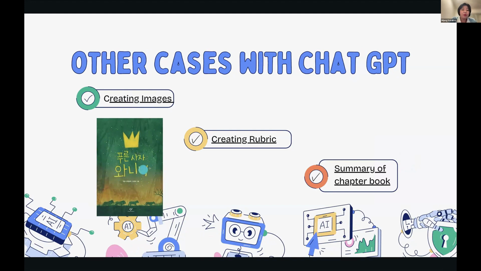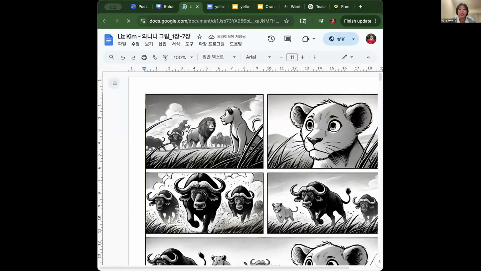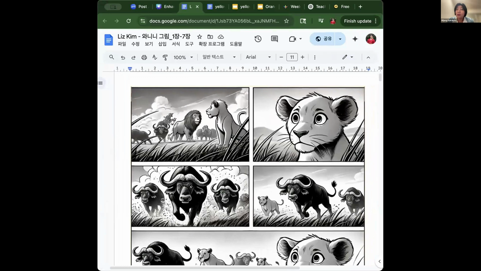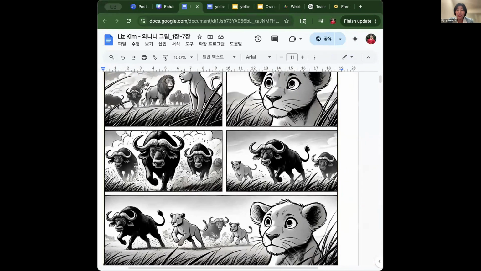This book, 푸른 사자 와니니, Blue Lion Wanini, is fourth grade elementary school reading level in South Korea. I wanted to check whether they understood this text, so I asked ChatGPT to create images based on the story in that book.